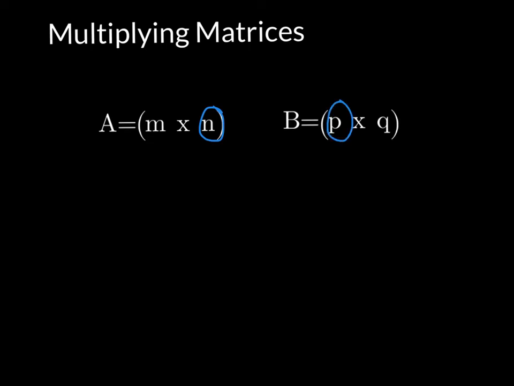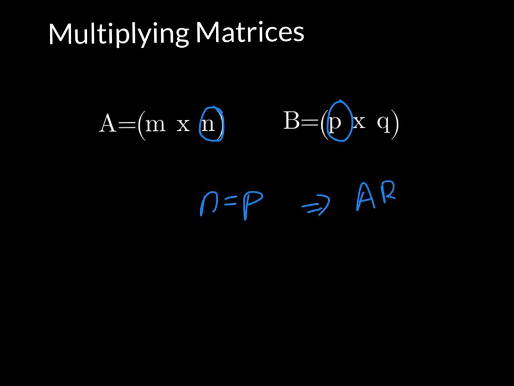So in order for us to be able to multiply these two together, then n would have to equal p. So the number of columns in matrix A would have to be equal to the number of rows in matrix B.